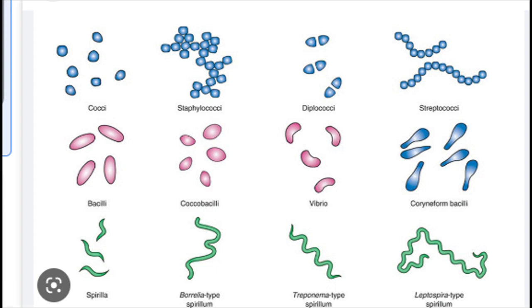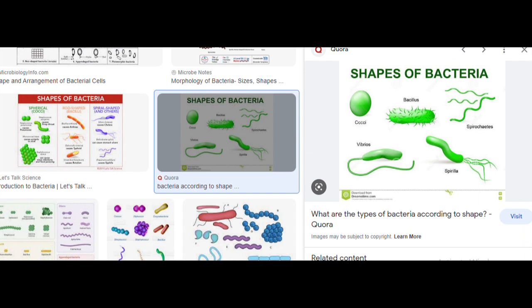So I want to look at the function of the pili now. What are the functions of the pili? Because they have their own function. Pili help in conjugation, that's the first thing, between bacteria, and they also help in the subsequent transfer of information, that is copies of chromosomes or plasmids.